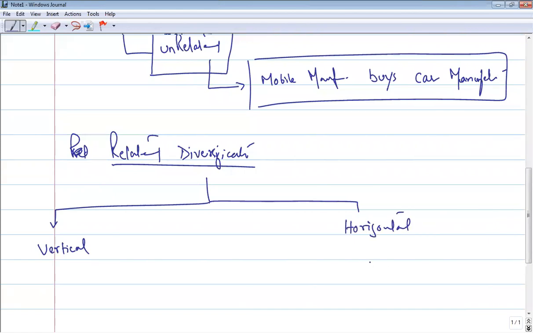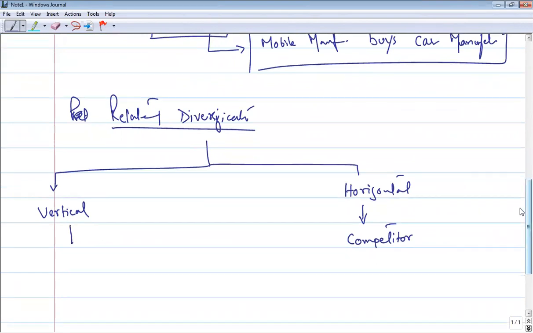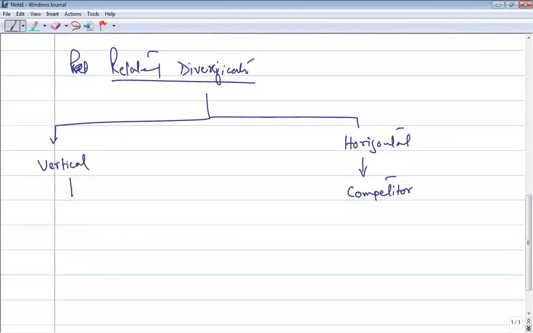In horizontal integration or diversification, the company buys its competitor or competitors. In vertical integration, again, there will be two types of diversification in this area: forward and backward.